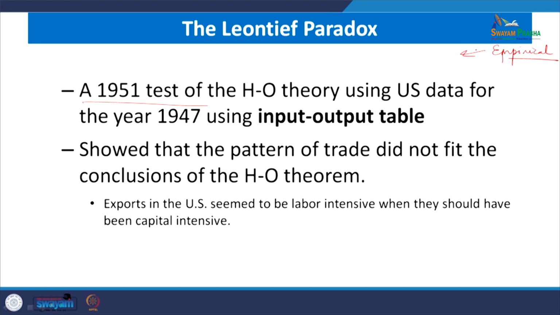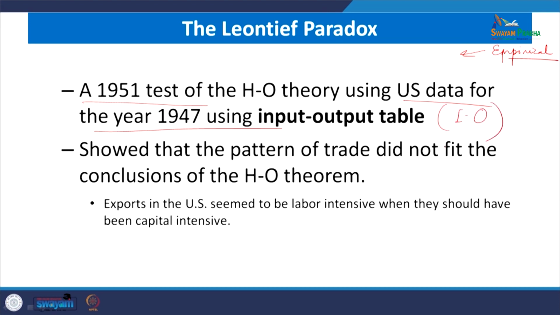Leontief was an economist and statistician who tested the HO theory in 1951 using US data for the year 1947 with the help of an input output table, the IO table.